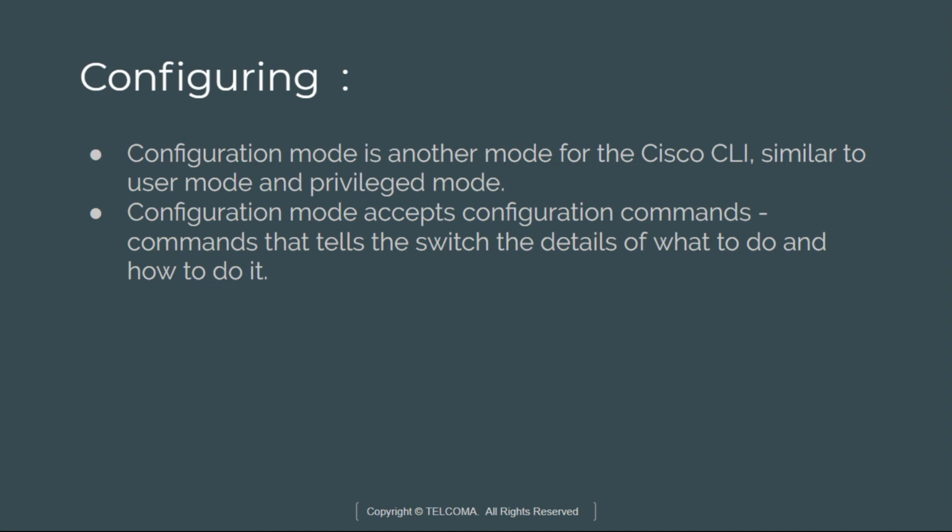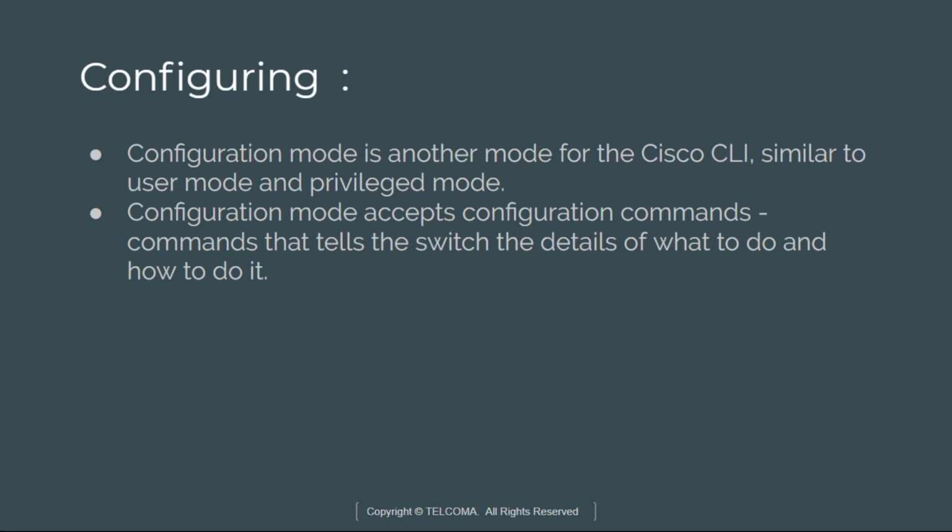Configuration mode is another name for the Cisco CLI, which is similar to user mode or privilege mode. User mode lets you issue non-disruptive commands and display some information. Privilege mode supports a superset of commands compared to user mode, including commands that might disrupt the switch operations.